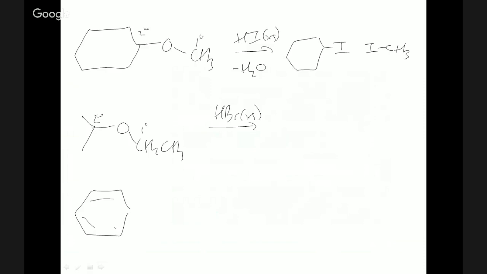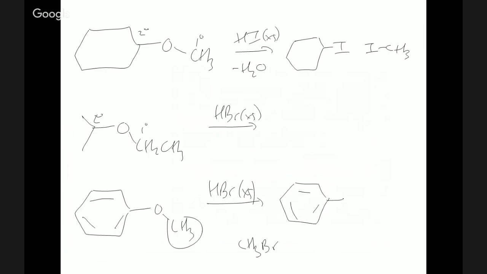This is an interesting case here. HBr excess. You'll get the methyl bromide from this part here, but you'll end up getting this as a leaving group, and then you probably will get protonation from the excess HBr.